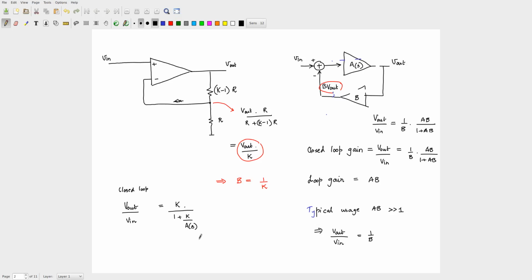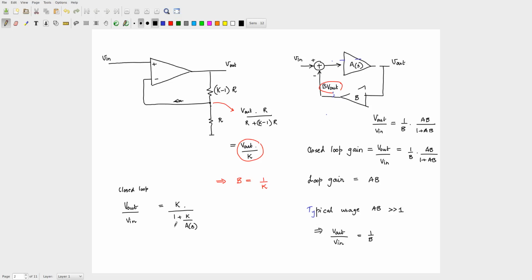If we see only the op-amp, because this is virtually short with negative feedback, the question is, in the op amp itself, what is the relationship between V out and V in? Before you compare what you get with the op amp and the expression we have written here, remember that the op amp is working with loop gain AB being greater than 1.